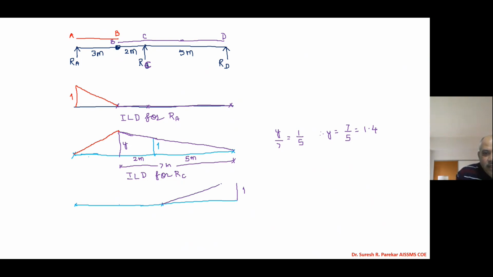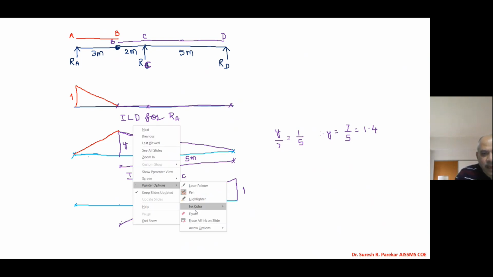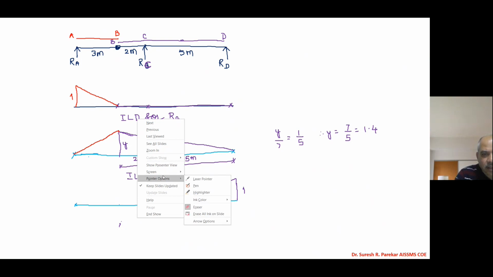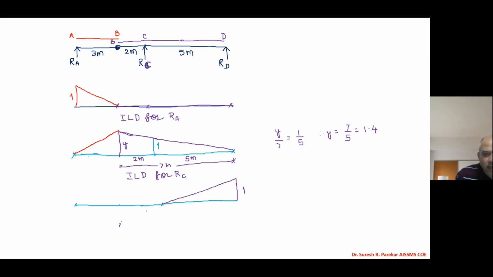Now I know this line should be linear till B, so I will continue it till B. We have the same slope for this, and it should be linear, so I will plot the same slope between this portion, and we will get it this way.